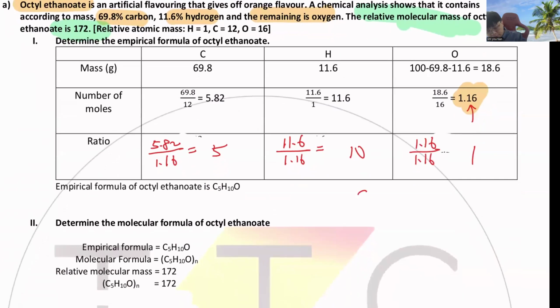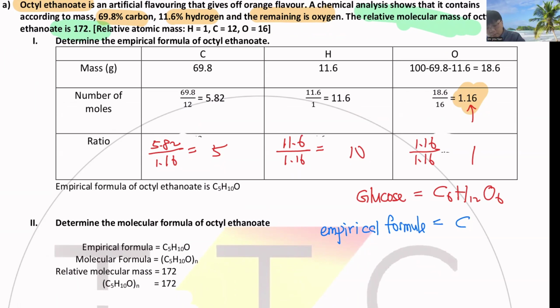Example, I talk about glucose. Glucose is C6H12O6. So this is the molecular formula. Then the empirical formula is CH2O.